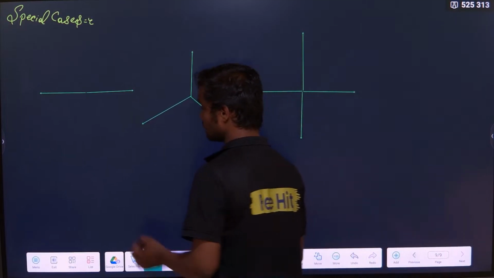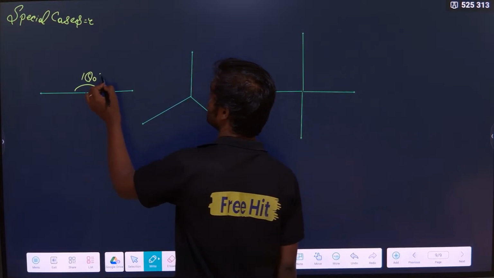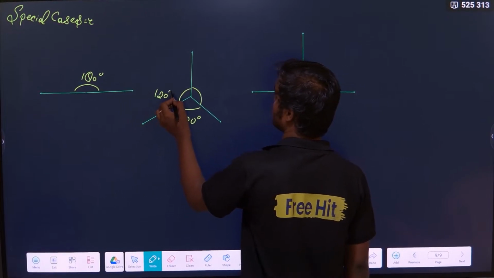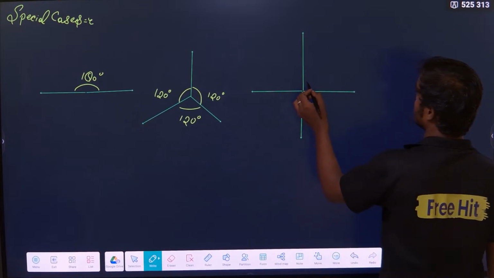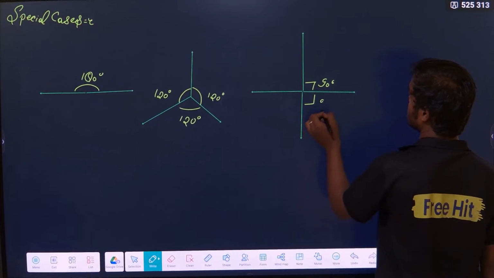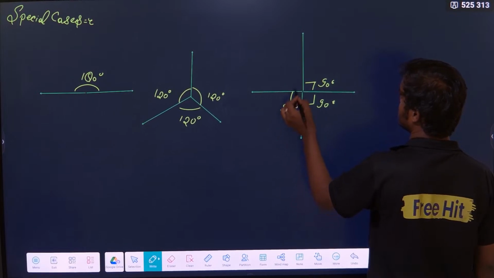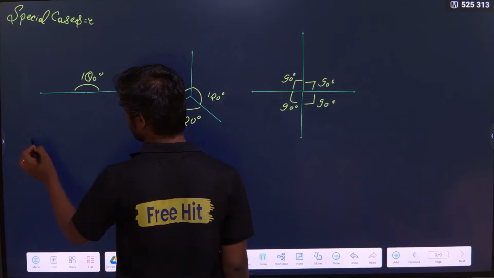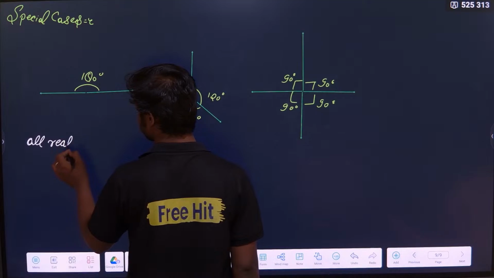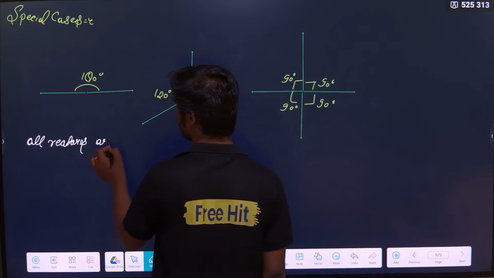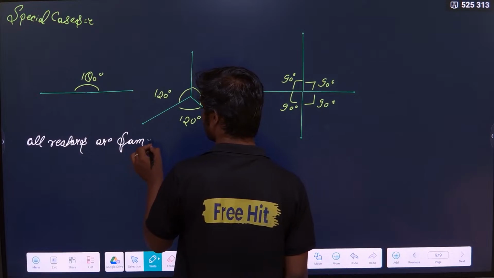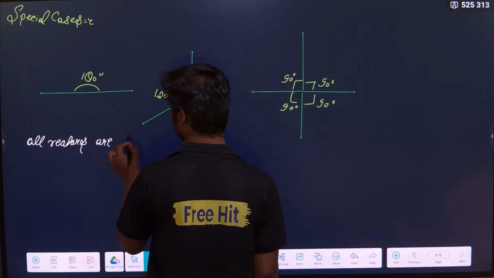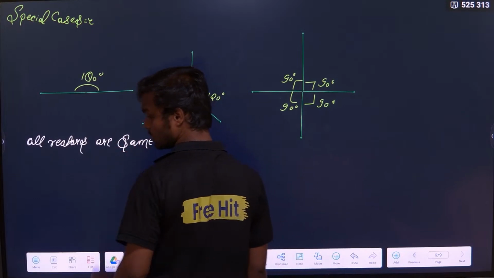So if this is the case, then suppose this angle is 180 degree, and 120 degree, 120 degree, 120 degree, and these all angles are 90 degree, 90 degree, 90 degree, and 90 degree. The thing is that all vectors are the same. If you see here, all the vectors are the same.